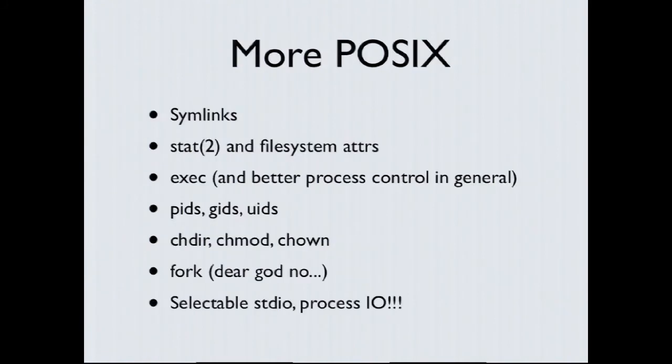Okay, so more POSIX stuff. Again, like I said, Ruby is largely a language wrapper around a bunch of POSIX APIs, a bunch of C APIs, loosely confederated into a set of classes. But we needed to be able to support a lot of these features to be able to let Ruby scripts run, like getting an actual stat structure that has all of the file system attributes. Now we can do some of this on 7, but not all of those attributes are even still there. Needed to be able to do a true exec.